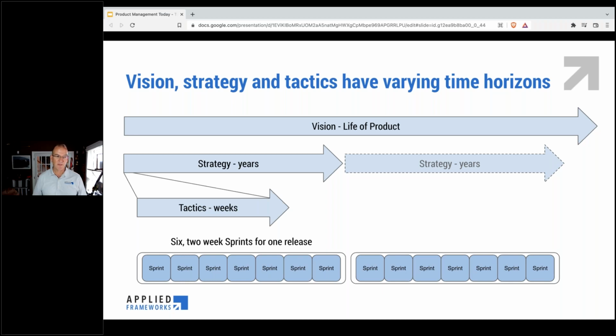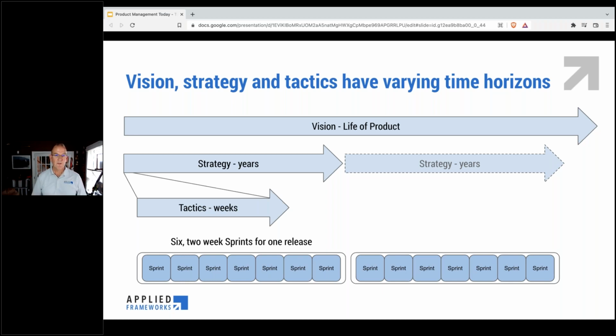So the tactical planning and tactical execution happens in a much shorter time frame, but they're all interconnected. As I use this type of thinking, I want to ensure that there's some connection between the goals I established for release, as well as the goals I established for the sprint, all aligned up to my strategic objectives.